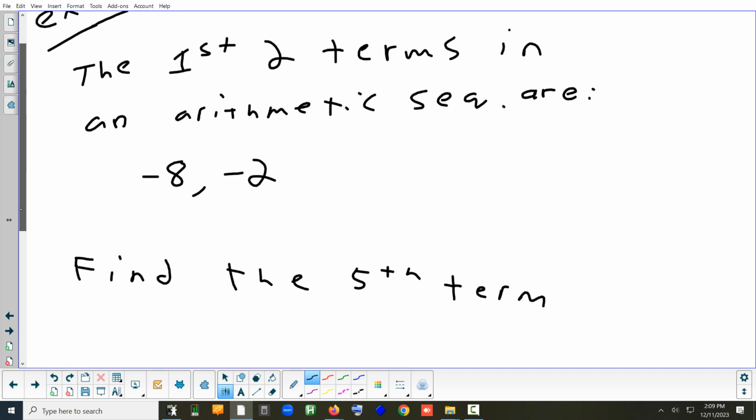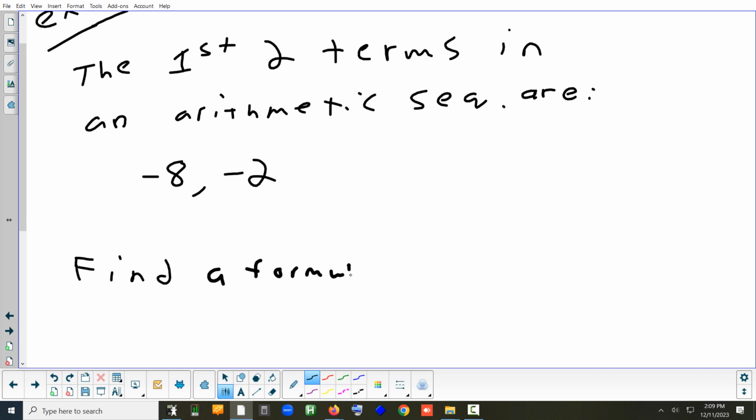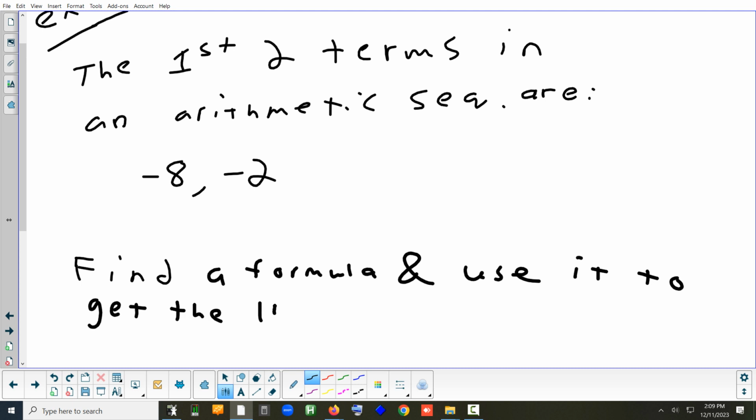So they want us to find, I'm going to reword this, a formula and then use it to get the 15th term. Now 15 is not that bad. I could figure out 15 just by doing the pattern 13 more times. But if it was 150, we'd want to find the formula.